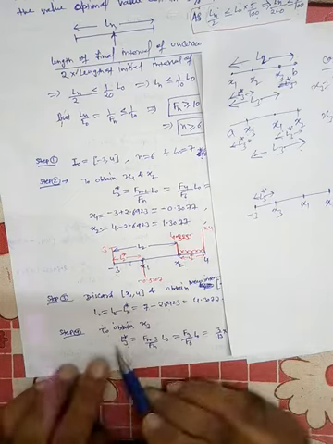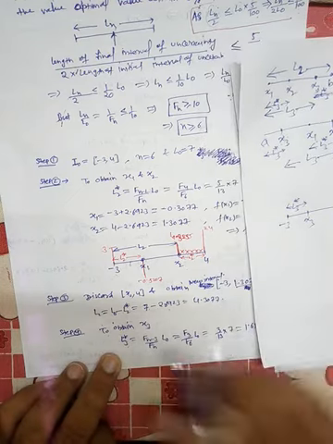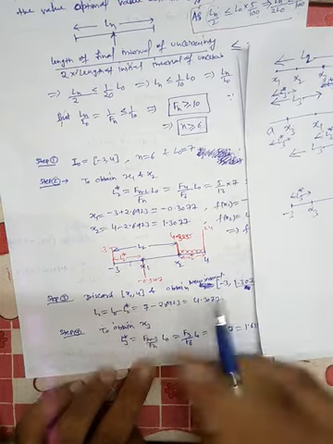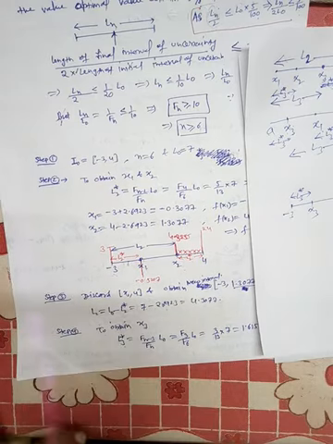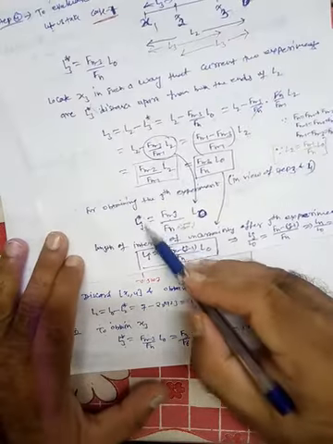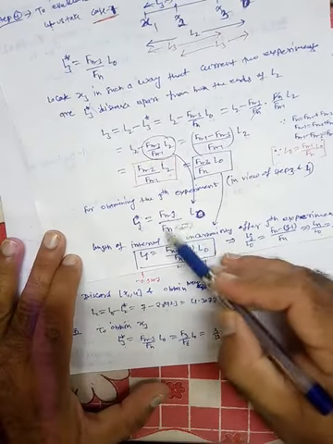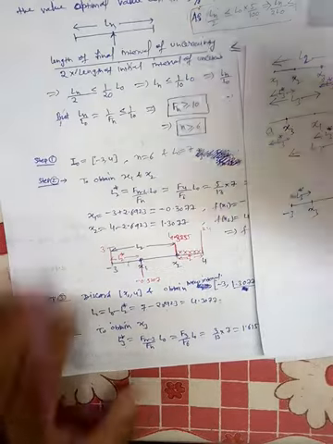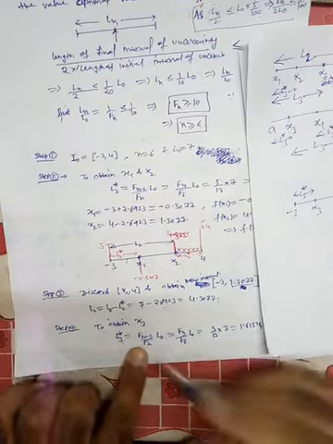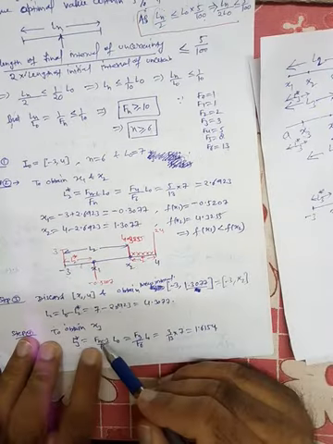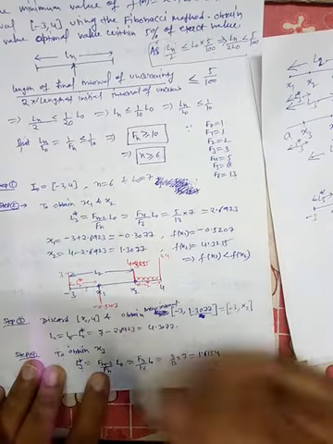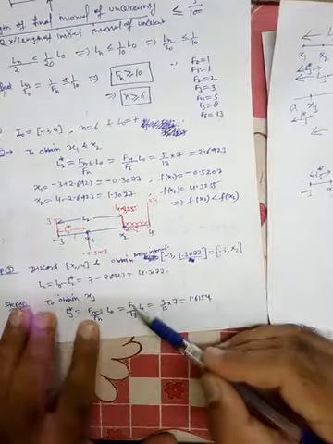Okay, so what is L3 star? L3 star is evaluated with the help of the formula: L3 star is F(n minus 3) divided by F n, times L naught. Here n is 6. So 6 minus 3 will be F3 by F6.